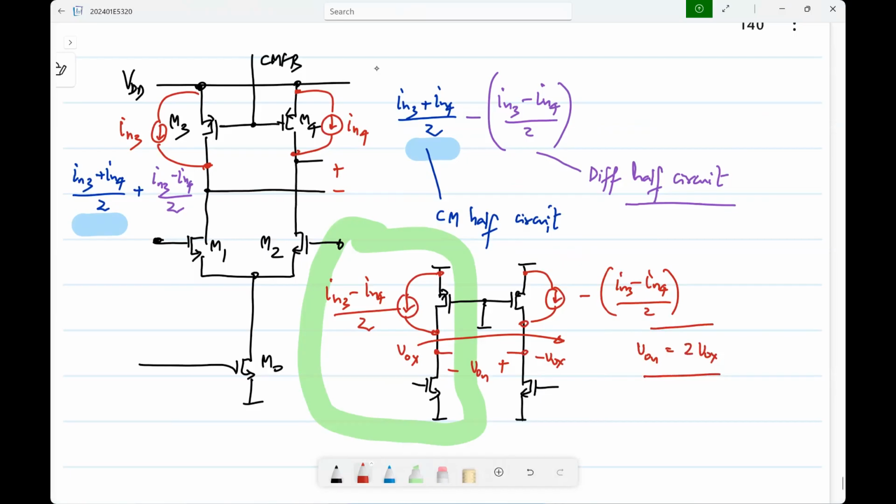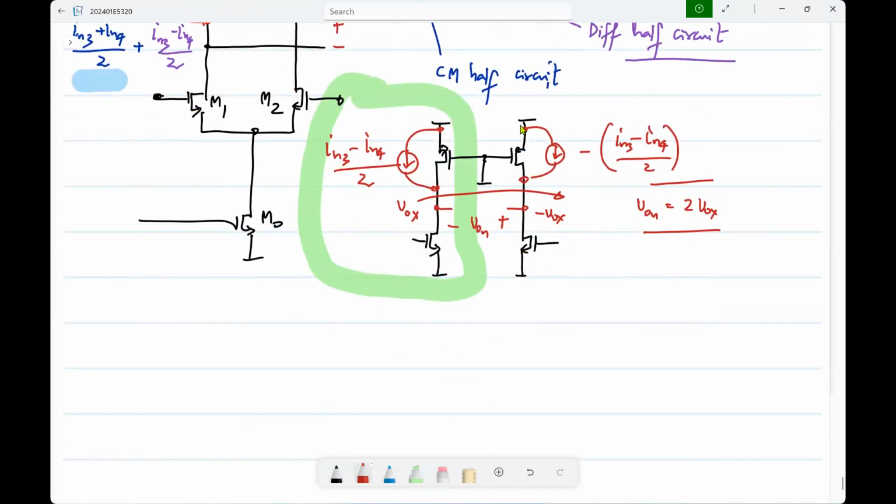So what is the bottom line? First of all, this source, right? What is the spectral density of that source? So let's say IN3 has a spectral density of SIN3, IN4 has a spectral density SIN4, which of course is the same as SIN3, right? Because they are at the same bias because of symmetry. So what is the spectral density of this thing? These two will get added up, right? They are uncorrelated.